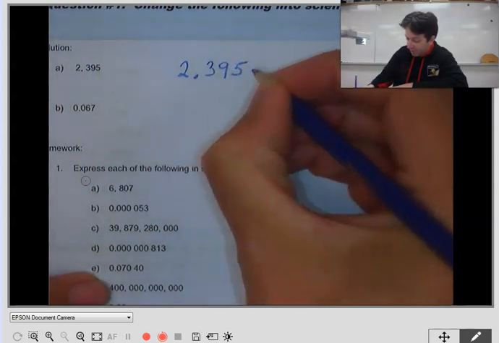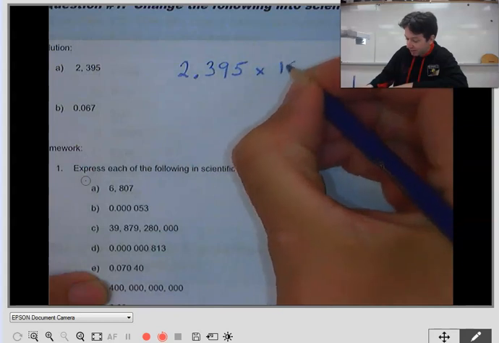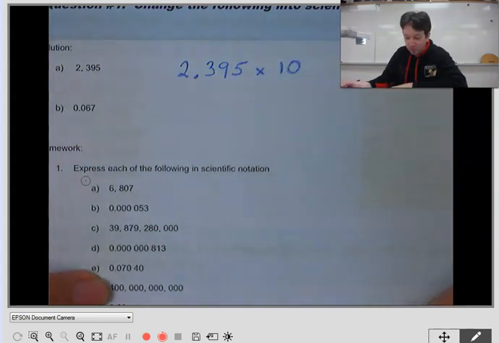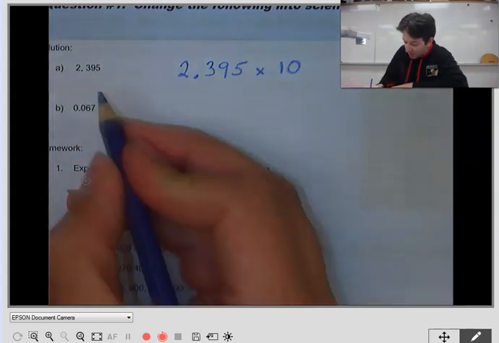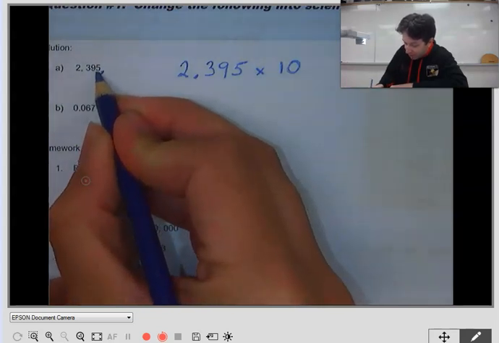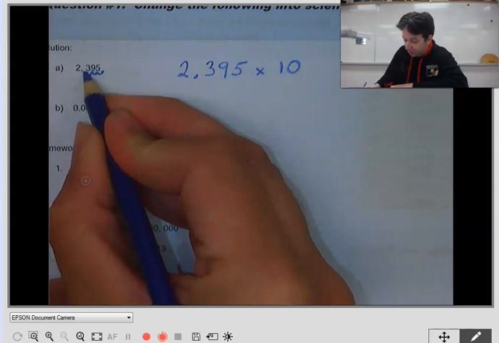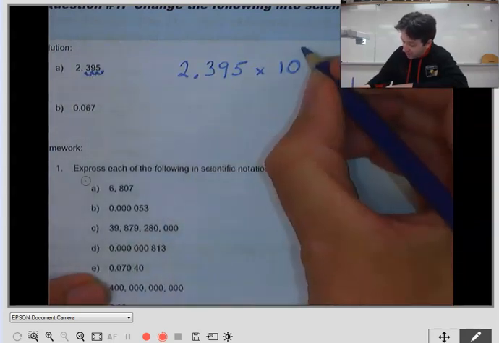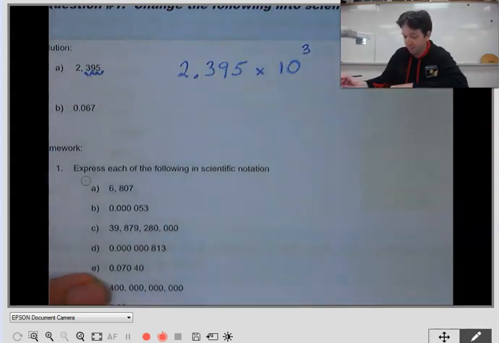Then we need to multiply by a factor of 10. To determine what factor of 10, you have to determine how far you moved the decimal. Initially it was here, and we moved it to the left 1, 2, 3 spaces. So that's going to be to the power of 3.